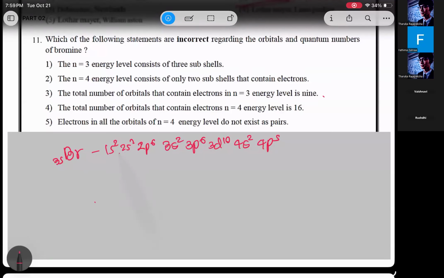Now 6, 7, 8, 9, 10. There are 10 here, 18 here, then 4p5 and here 10, 7. 25 and 35. That's it.